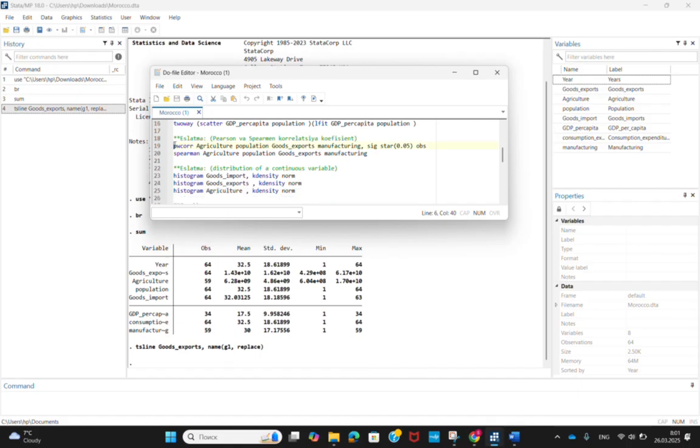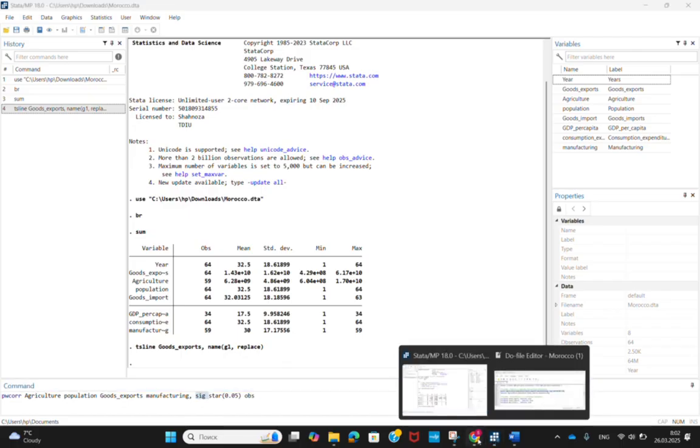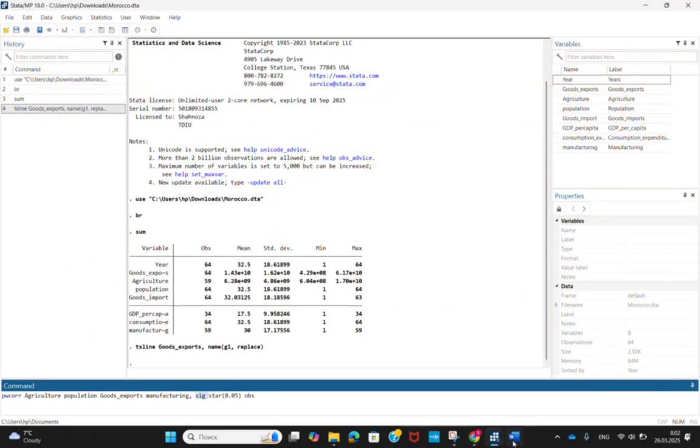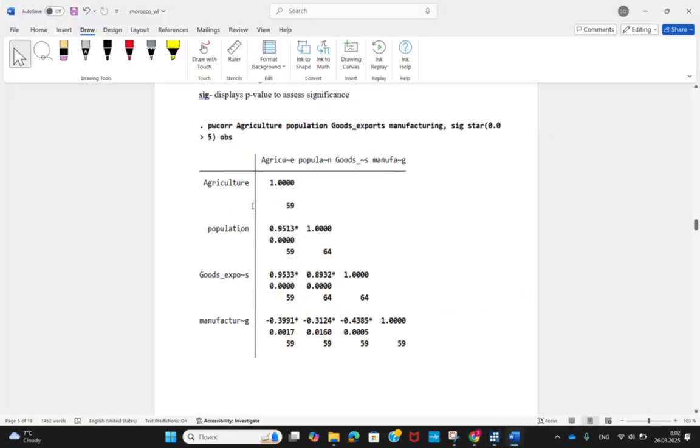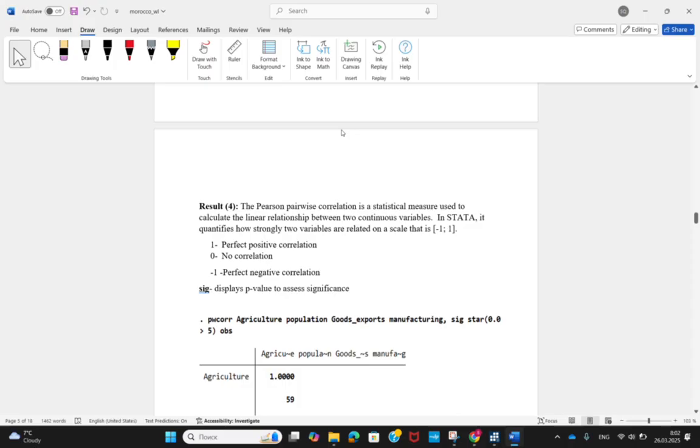Now we need the pairwise correlation test. You may see sig star 0.05 obs. This is observation, and sig displays a p-value as a significance.